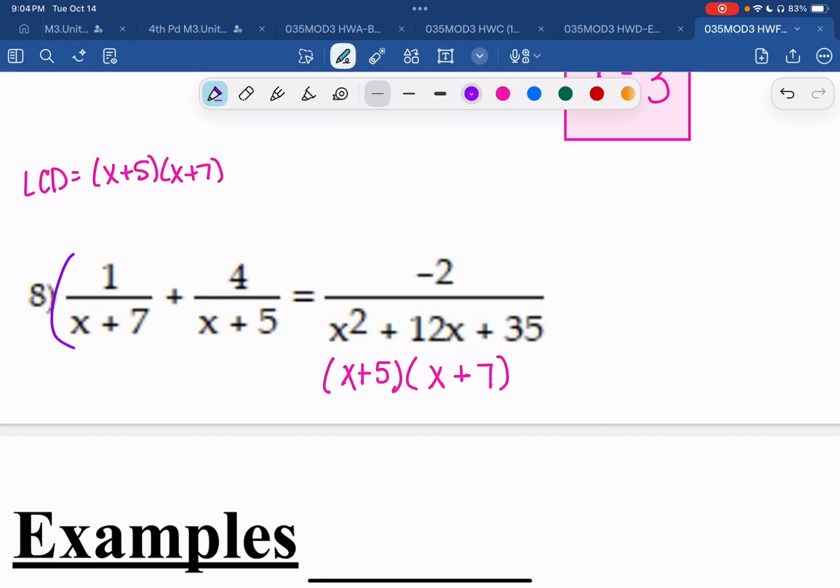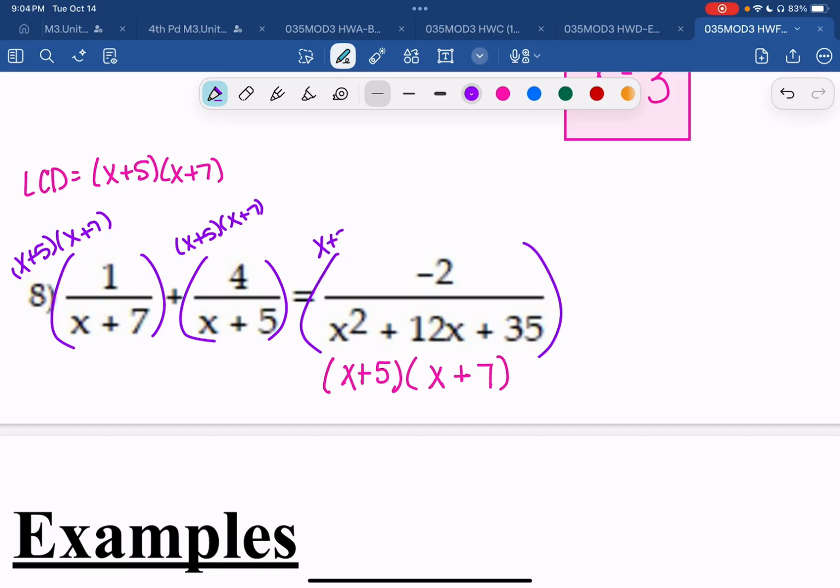So when I go through and I multiply each piece, okay, so the x plus 7's cancel.